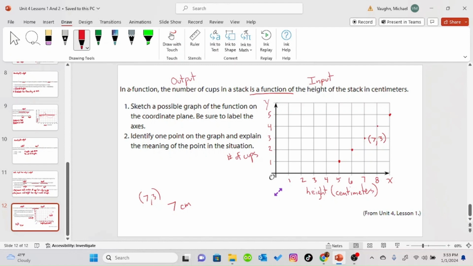So a 7 centimeter stack has 3 cups in it.